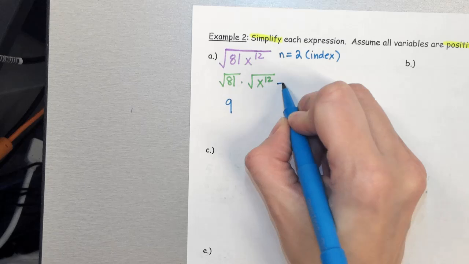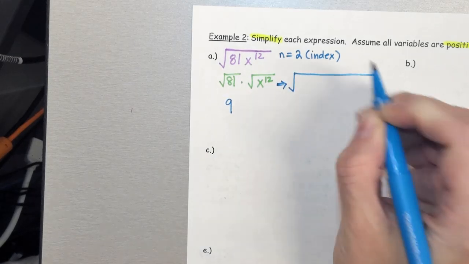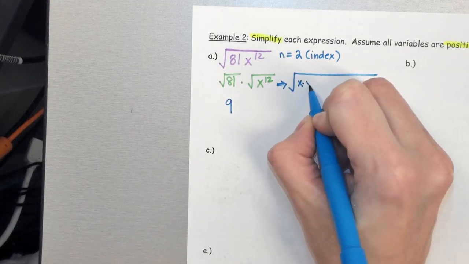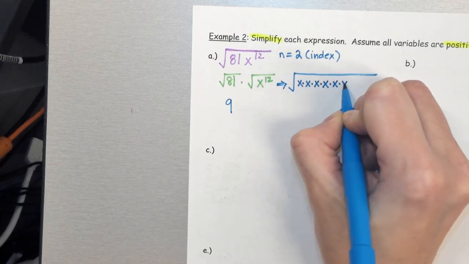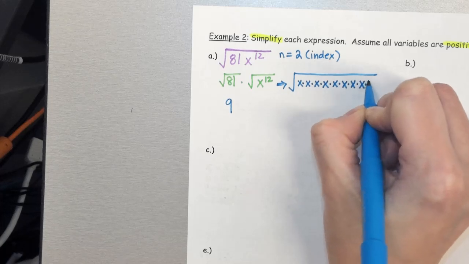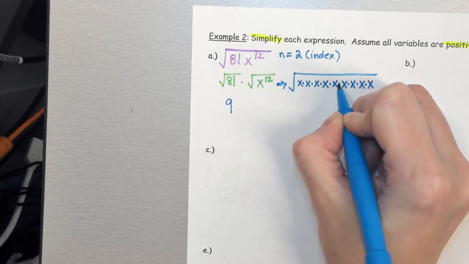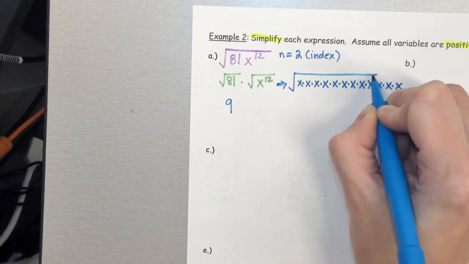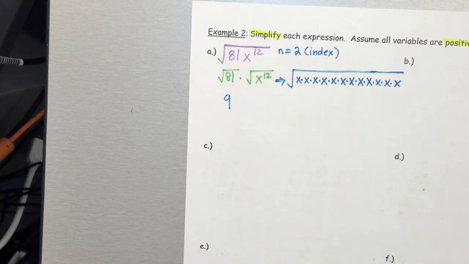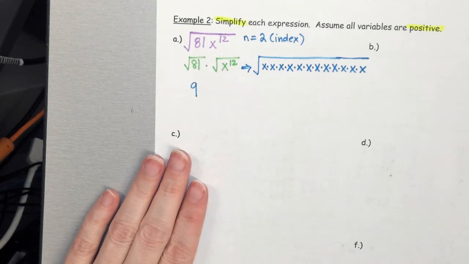For x to the 12th, okay, I want you guys to visualize this. If you have x to the 12th, you have 12 x's multiplied together, right? Let's write those out. 1, 2, 3, 4, 5, 6, 7, 8, 9, 10, 11, 12. Lots of x's there.